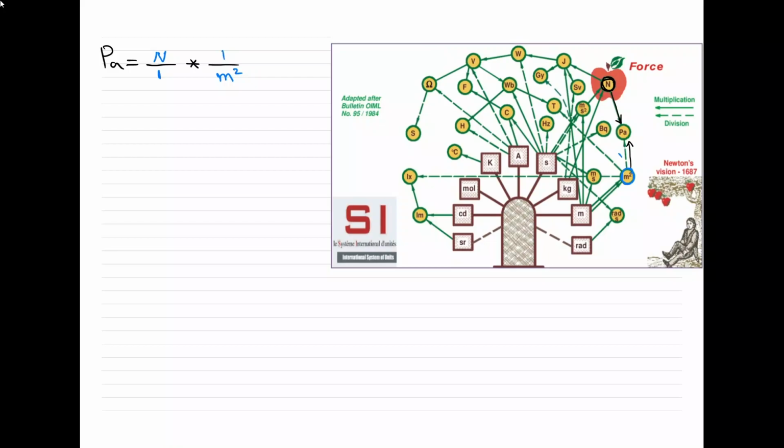Now what does it say? It says to check whether you have all base units or not. We can see the unit Newton, well, it's not one of these seven base units. So we still need to simplify again, to solve again for Newton. However, let's see meter square.